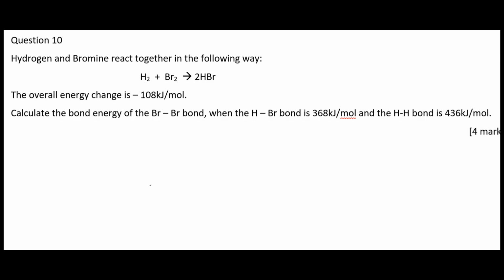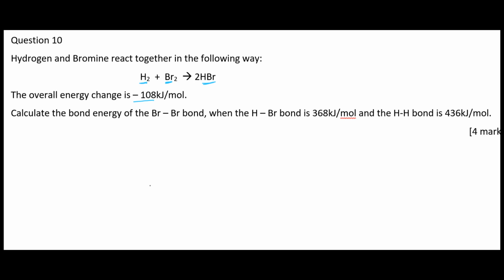So take a look at question 10, and it says that hydrogen and bromine react together in the following way. Here's our hydrogen, here's our bromine, and they react together to make hydrogen bromide. Now this reaction has an energy change of minus 108 kilojoules per mole.